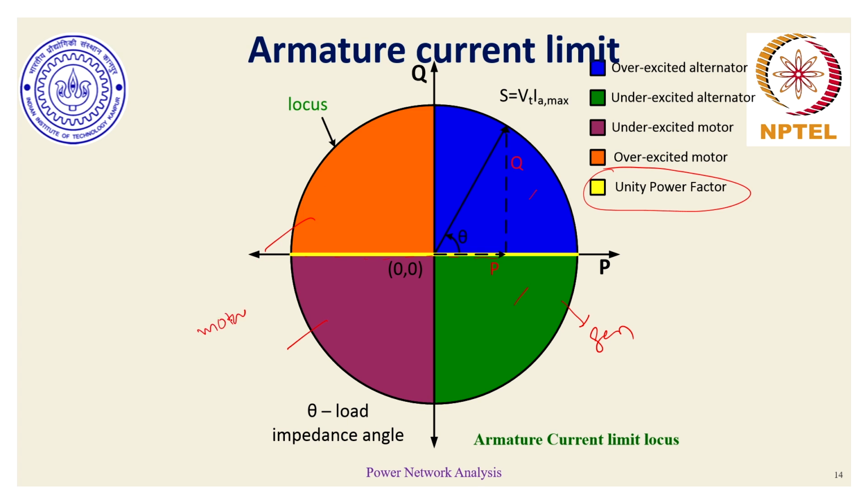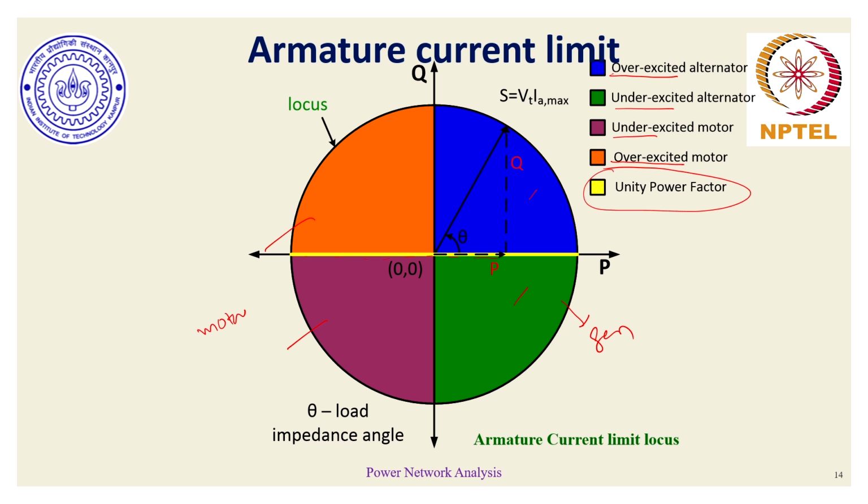And please have patience, we will talk about why I have written the blue part as overexcited and the orange part as overexcited, and vice versa, the green and the purple one as underexcited. We'll talk more about it when we discuss the reactive power control aspect. But just to give you an idea, the over and underexcited operation comes from whether reactive power is positive or negative.